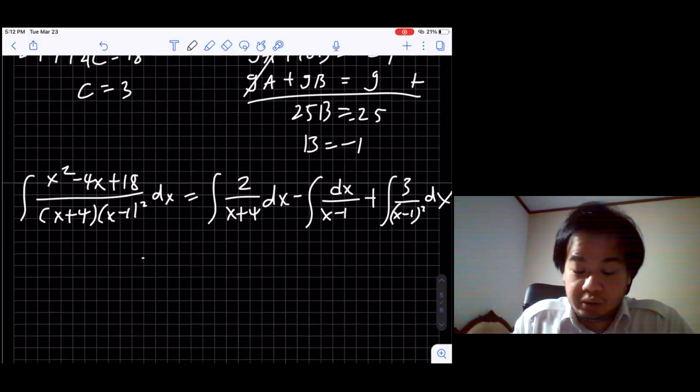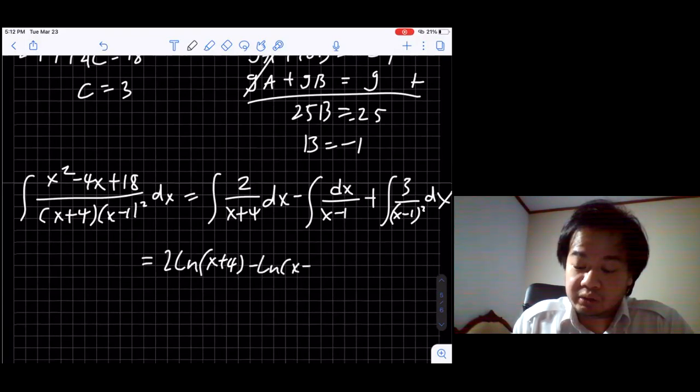So then it's equal to 2 ln|x plus 4| minus ln|x minus 1|.